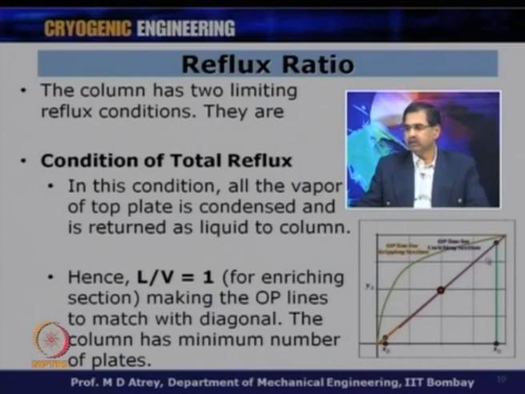Both operating lines, for the enriching section and the stripping section, lie on the diagonal, and therefore they are basically intersecting on the same line. The column has the minimum number of plates in this case, because if I start staircasing, you can see that I will get a minimum number of plates.